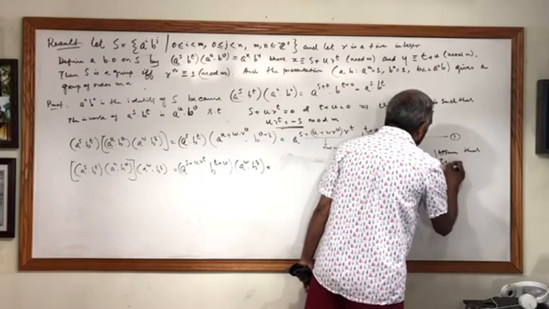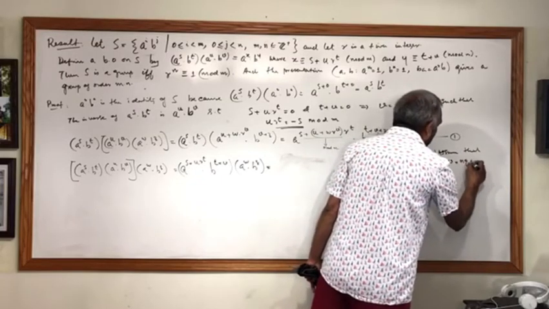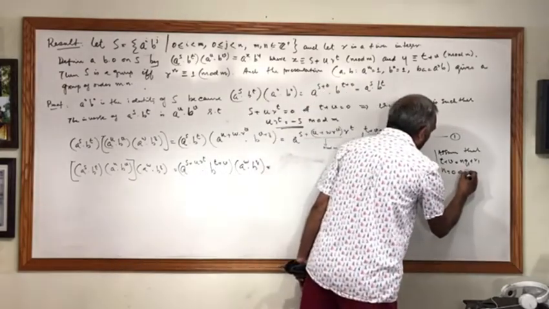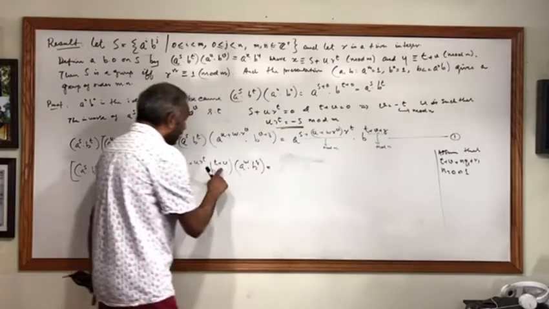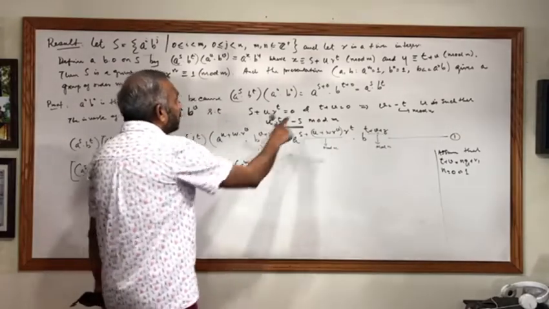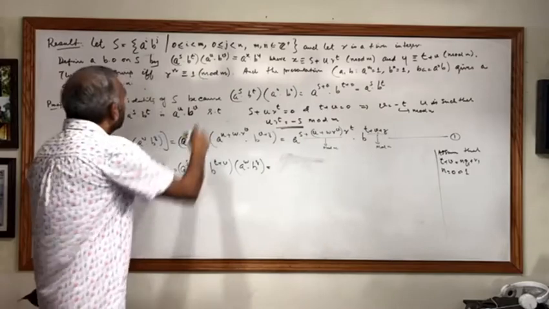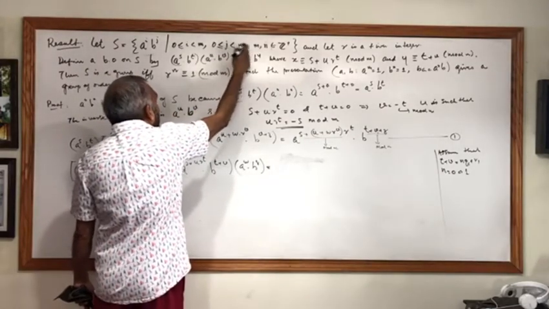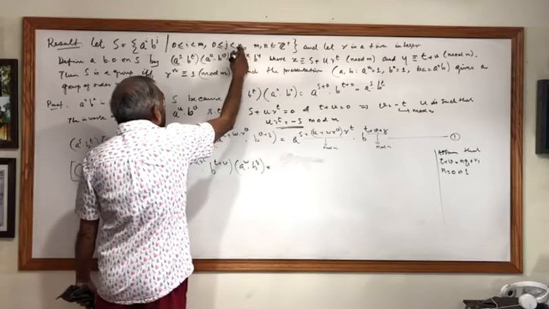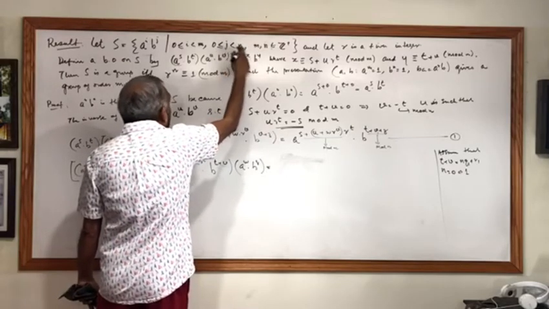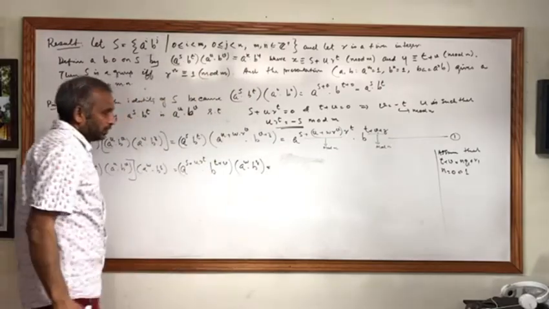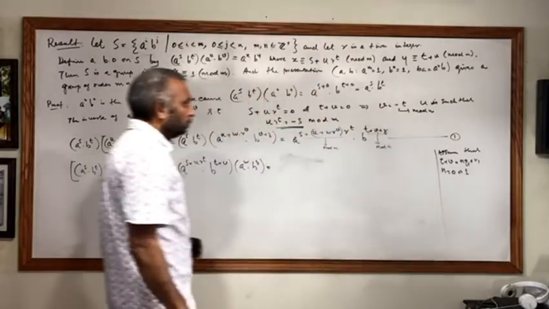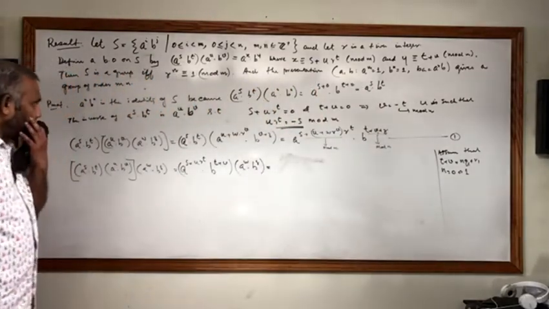that t plus v is equal to nq1 plus r1. This n could be either 0 or 1 because t and v are in the range of 0 and n. So if you add, either it will be less than n or greater than n, but it will always be less than 2n, and that's why it could be either 0 or 1.